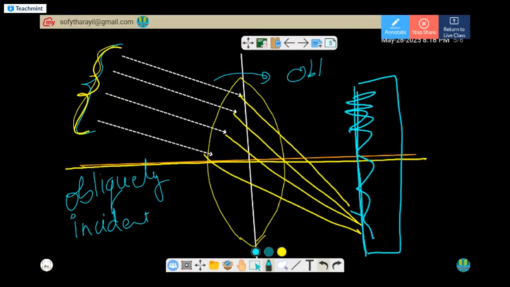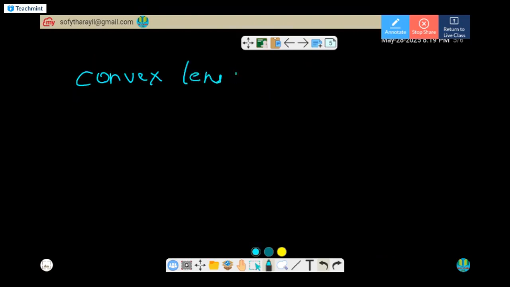Now the point is about why convex lens has been given the term converging and why concave has the term diverging. So you can quickly write this down. Convex lens is also called a converging lens.